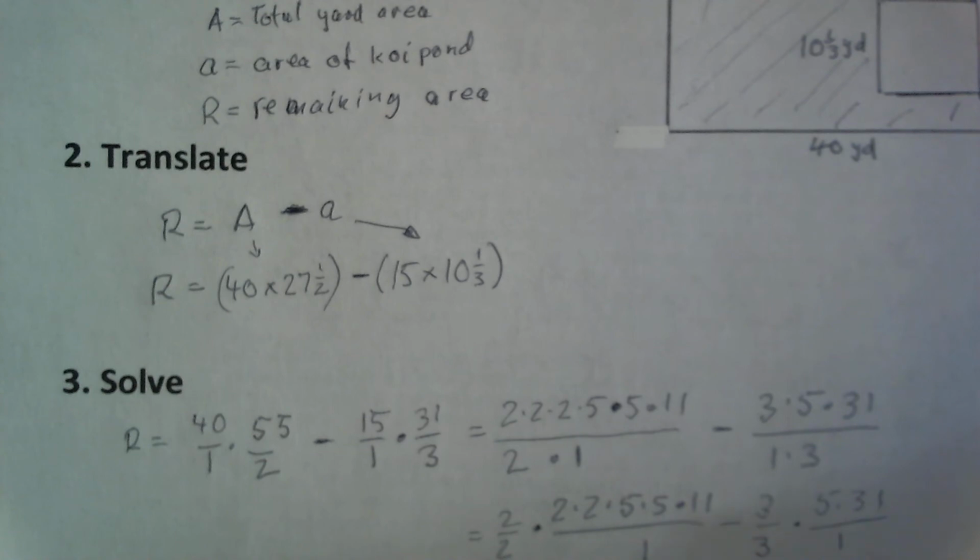So we only have 2 times 2 times 5 times 5 times 11. That's 100 times 11, which is 1,100, and 1,100 divided by 1 is 1,100. Minus 5 times 31, which is 155. And when we subtract 155 from 1,100, we get 945.